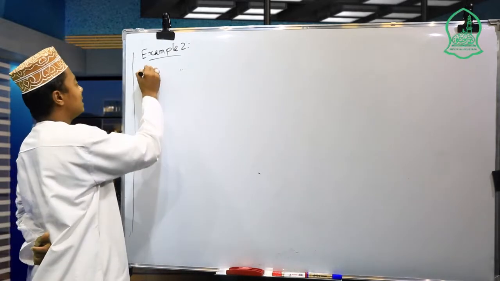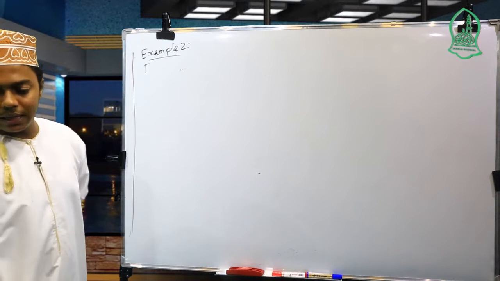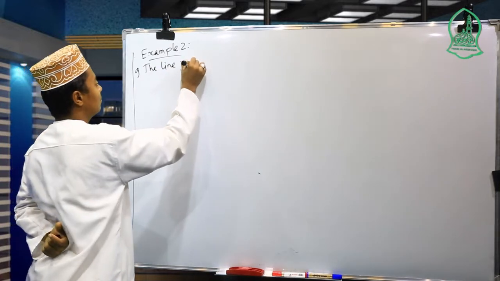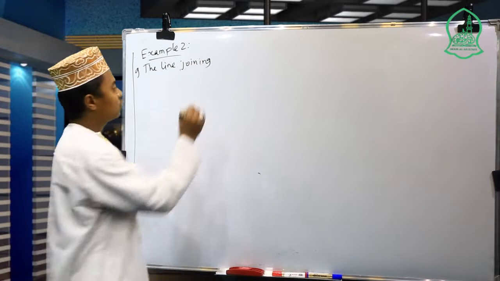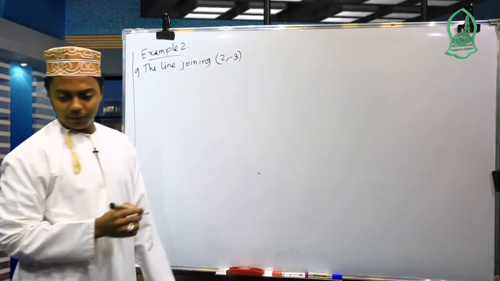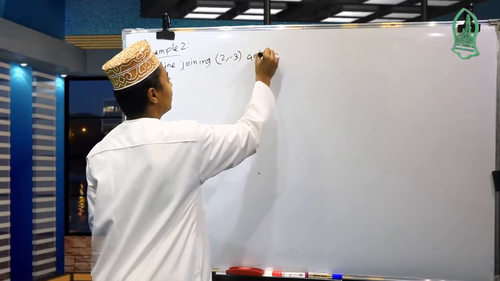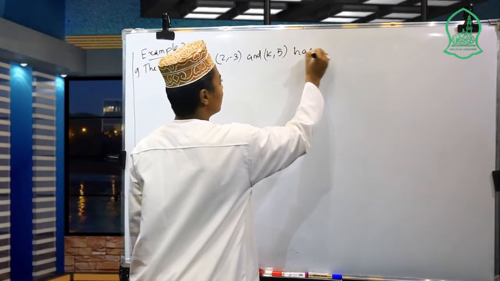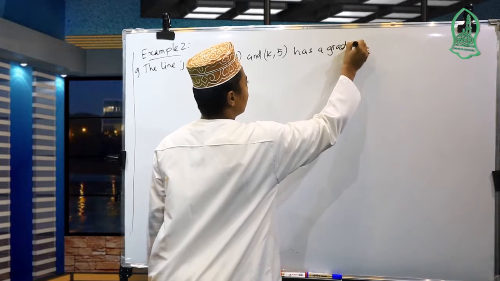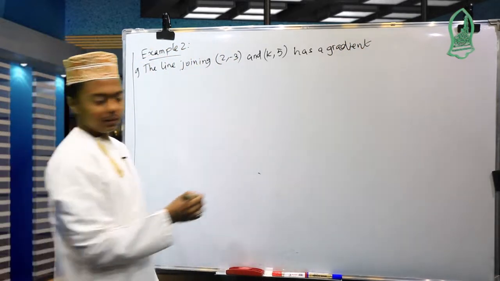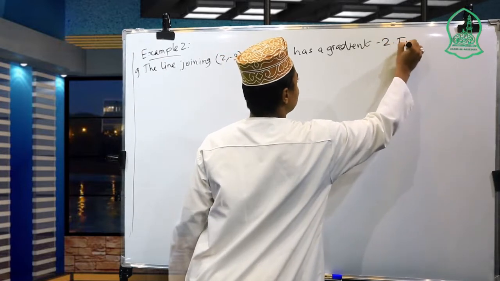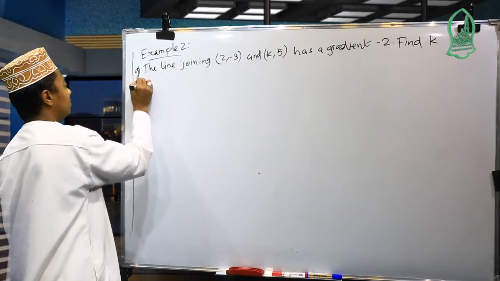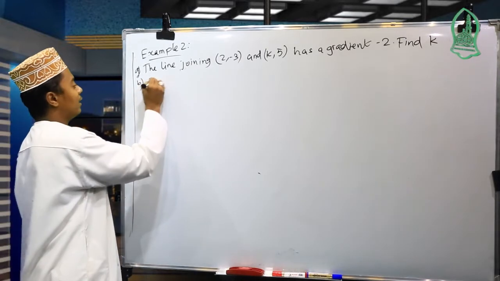A, the line joining 2 comma negative 3 and K comma 5 has a gradient of negative 2. Find K. B, find the value of M.